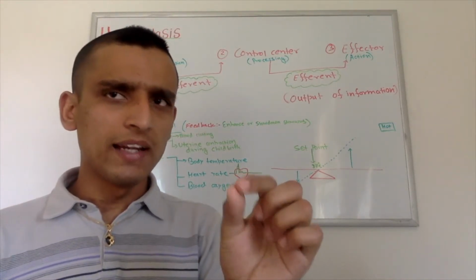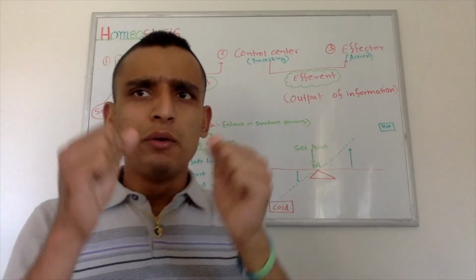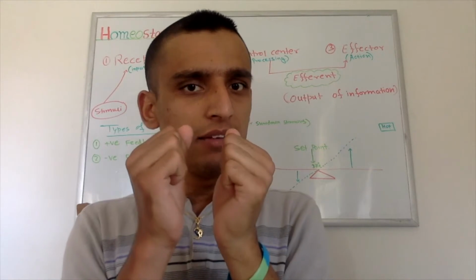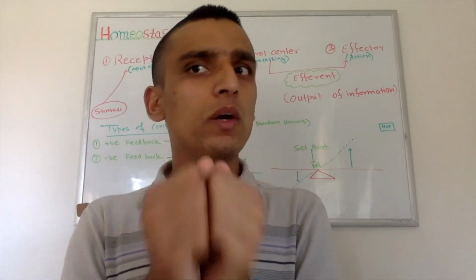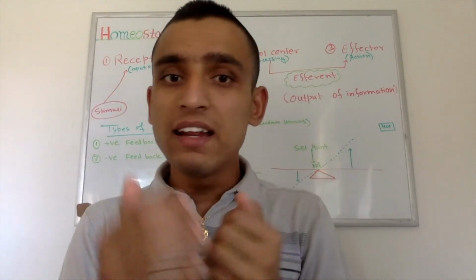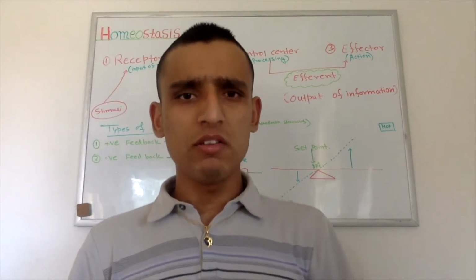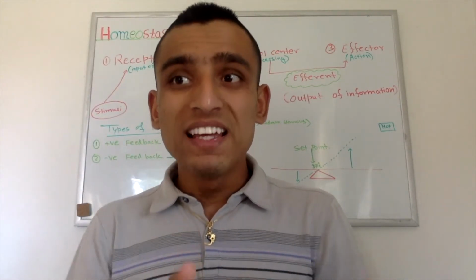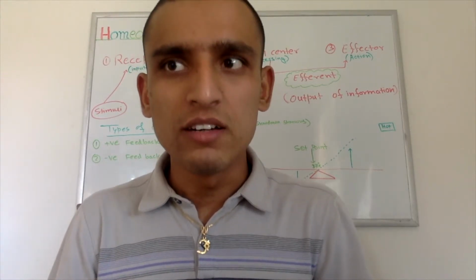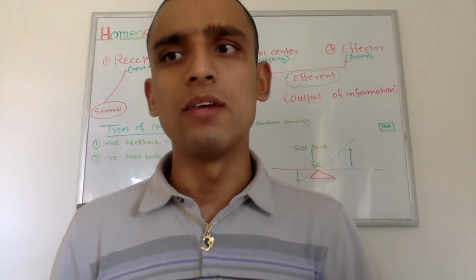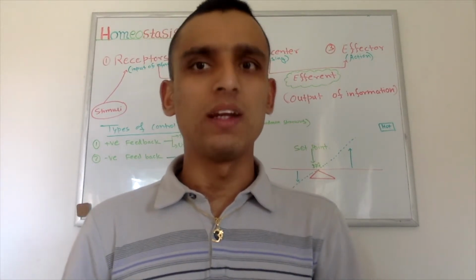In negative feedback, the response shuts off the stimulus and its intensity decreases. But in positive feedback, the response enhances the original stimulus so that the response is accelerated. That's why it is very important.